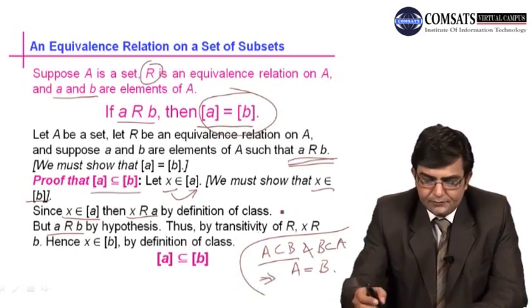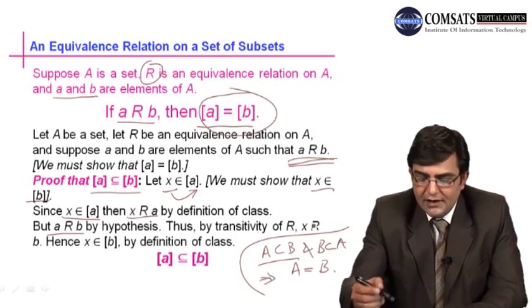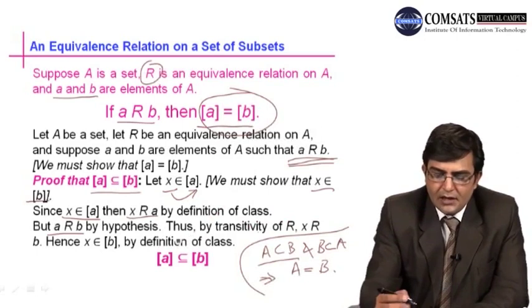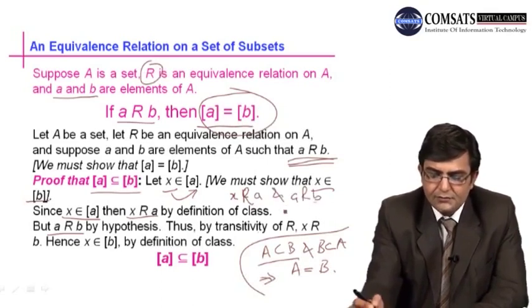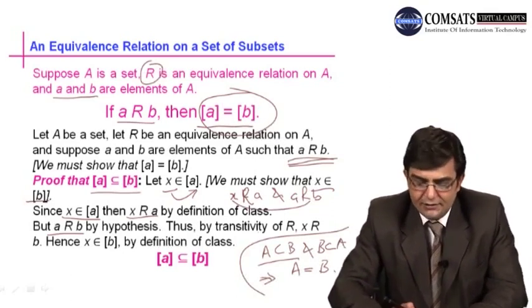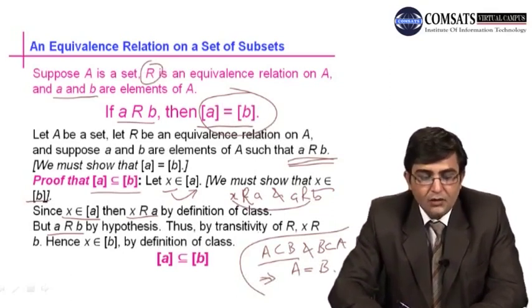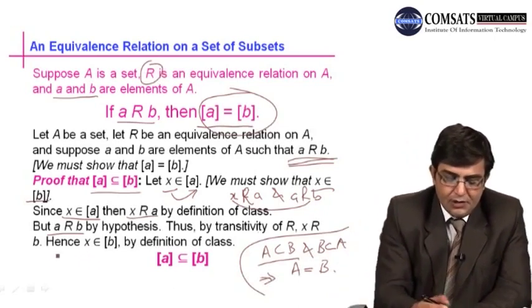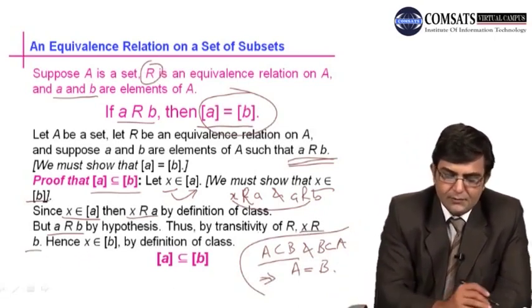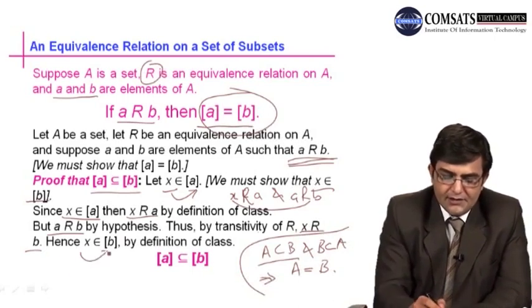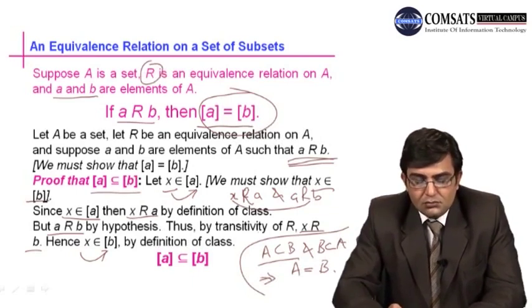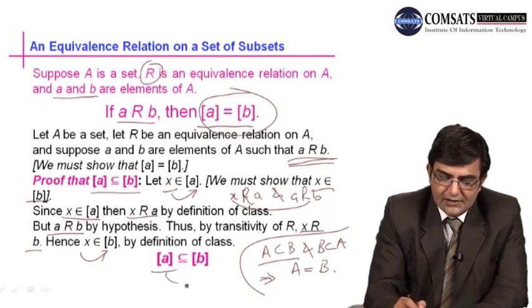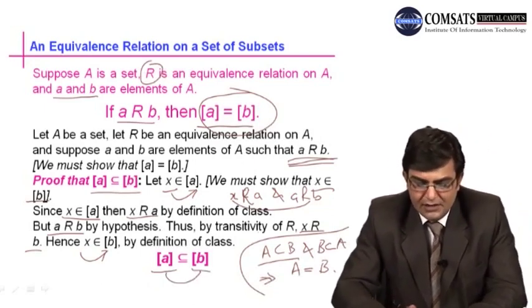This means that by the transitivity of the relation, x is related to b, because x is related to a and a is related to b. So x belongs to the equivalence class of b, because x is related to b. Therefore we conclude that the equivalence class of a is a subset of the equivalence class of b.